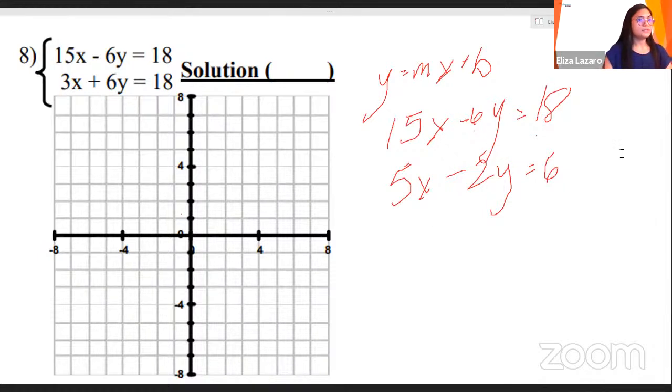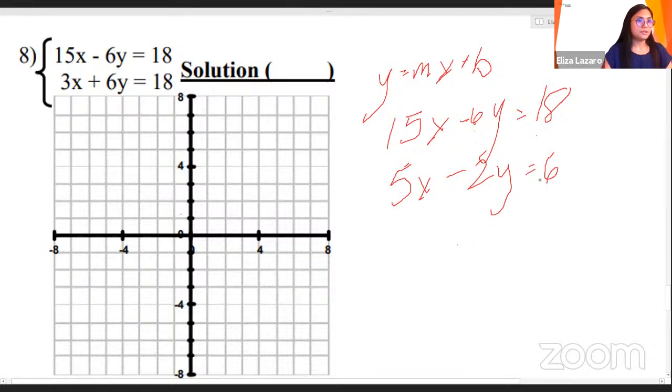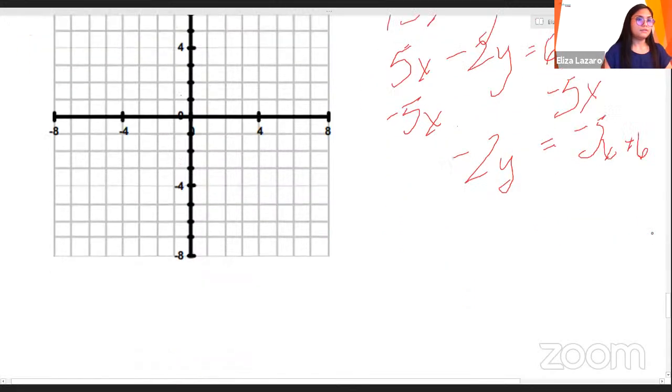Okay, and then we could do what we've been doing for other problems. We're going to get y by itself, so we subtract 5x over here, subtract it on this side as well. We got negative 2y by itself. We got negative 5x plus 6. Sorry for my handwriting.